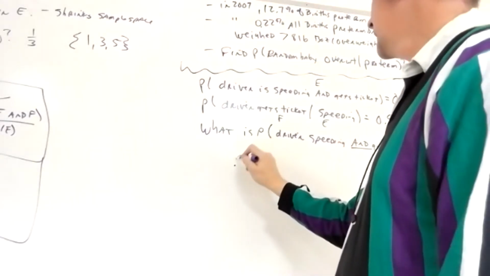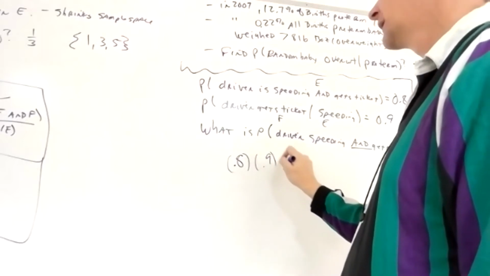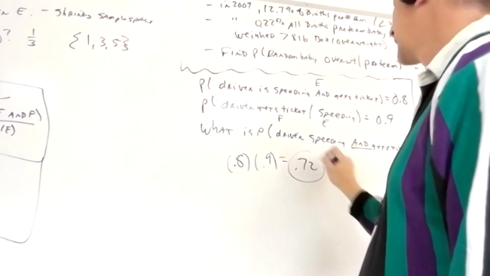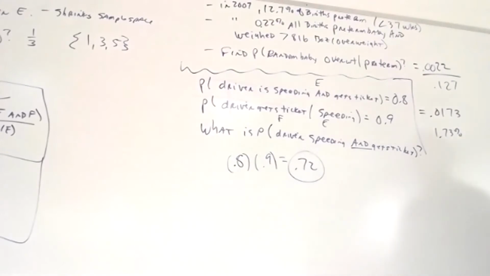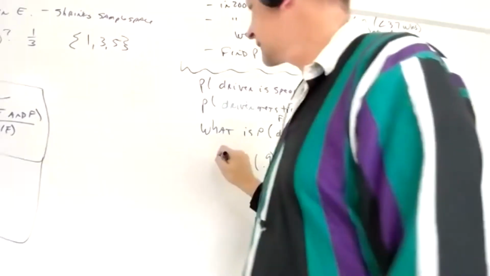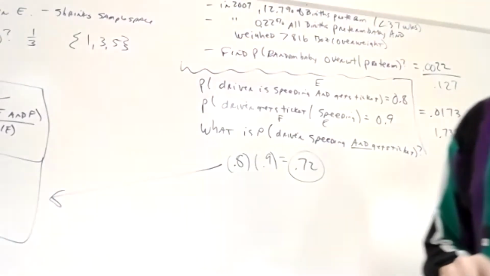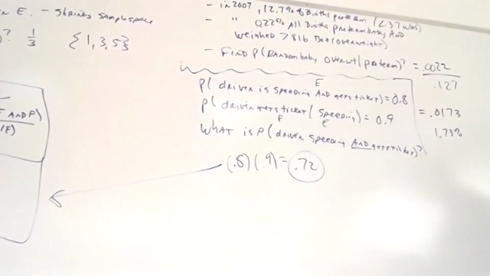So I'm going to get 0.8 times 0.9 equals 0.72. That matches the general multiplication rule right there, okay? All right.